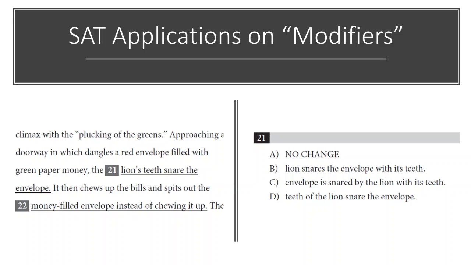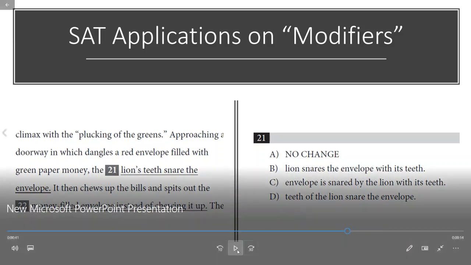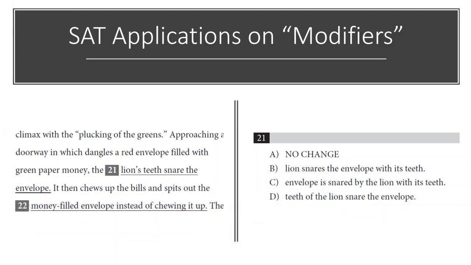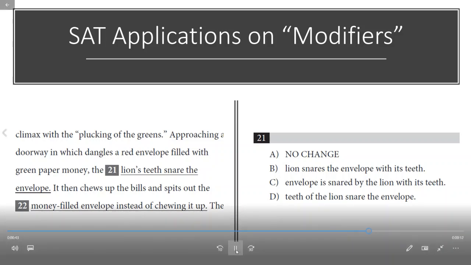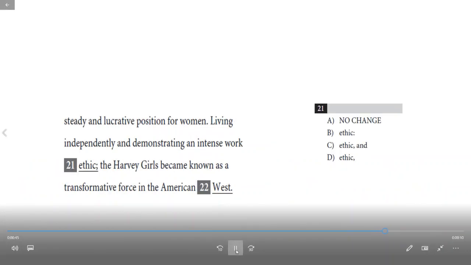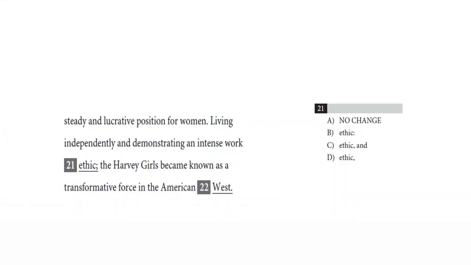Let's read the whole thing one more time. Approaching a doorway in which dangles a red envelope filled with green paper money, the lion snares the envelope with its teeth. Now, we have overcome this problem, which is called a dangling modifier. A dangling modifier is when we use a modifier and we do not use the doer immediately after the comma.